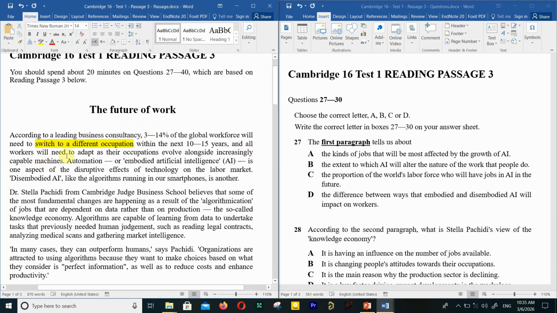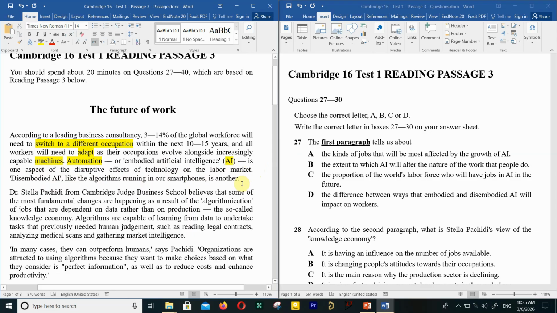And all workers will need to adapt as their occupations evolve alongside increasingly capable machines. Automation or embodied artificial intelligence, AI, is one aspect of the disruptive effects of technology on the labor market. This disembodied AI, like the algorithms running in our smartphones, is another.